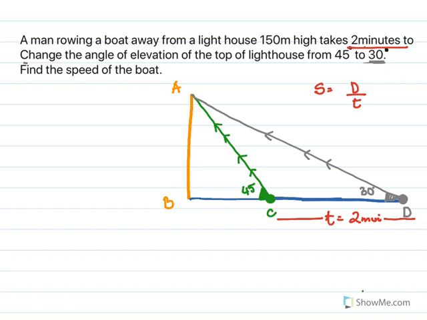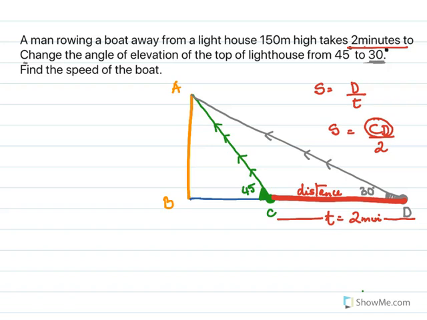The time we know, but the distance traveled in these 2 minutes is from C to D. So we need to find CD. So the speed will be CD, the distance, over the time, that is 2 minutes. So in this sum, we need to find our CD.